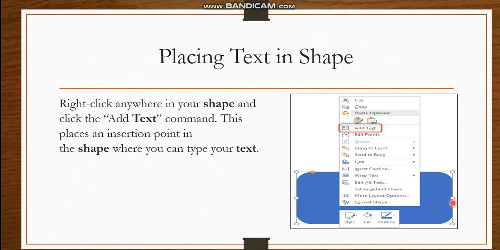That means if this shape is drawn here, right click on the shape and choose the option add text. This places an insertion point inside the shape where you can type. Let's understand it in MS Word also.